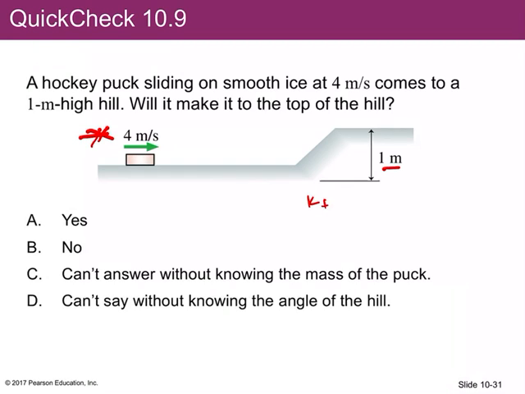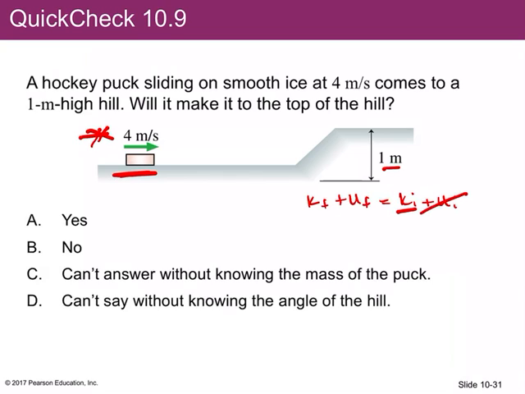So you've got kinetic energy final plus potential energy final is equal to initial of both. So at first, here, the puck's moving. Do we have initial kinetic energy? Yes. What about initial potential energy? No, we're on the ground. That puck is on the ground.